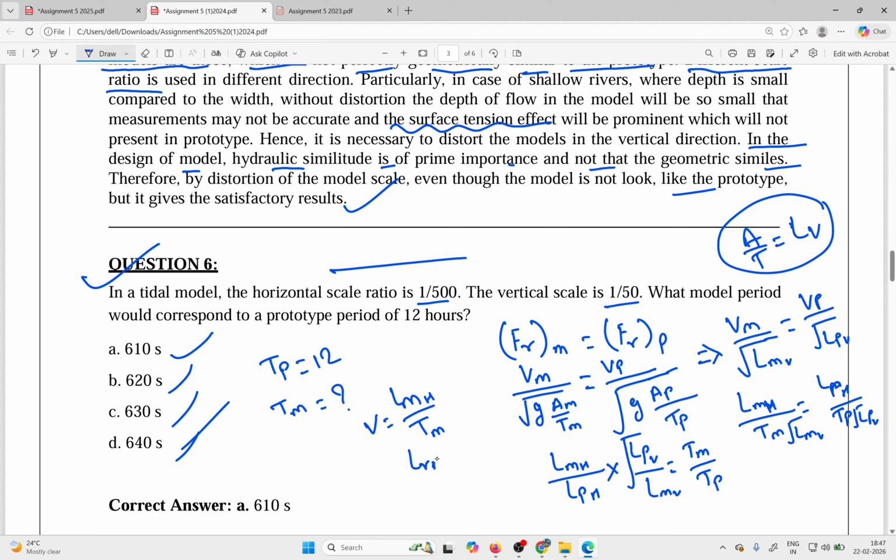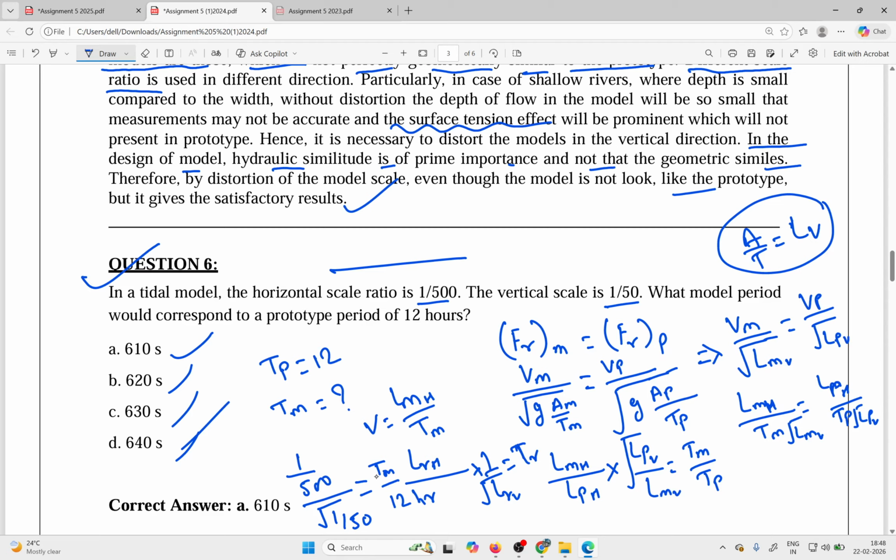So Lr horizontal divided by root of Lr vertical, is 1 by Lr. If this is vertical, so 1 by Lr vertical is equal to Tr, that is Tm by Tp. Now you can write very clearly, this is root also. So 1 is to 500 divided by root under 1 is to 50 is equal to Tm, which you need to calculate, and Tp is given as 12 hours.